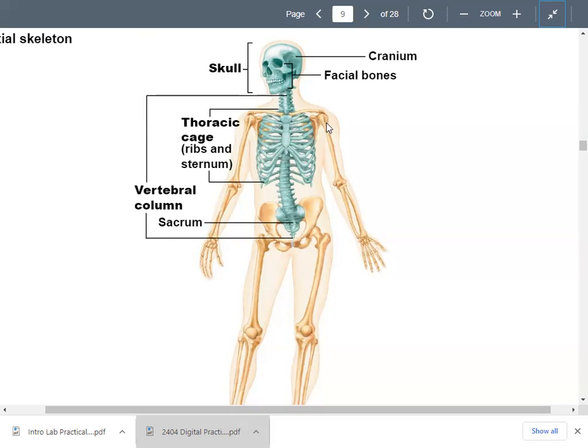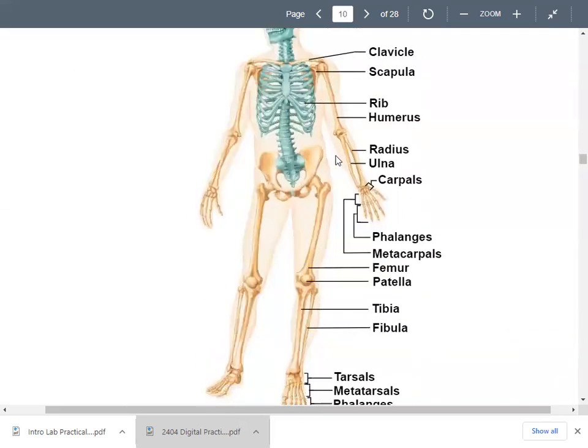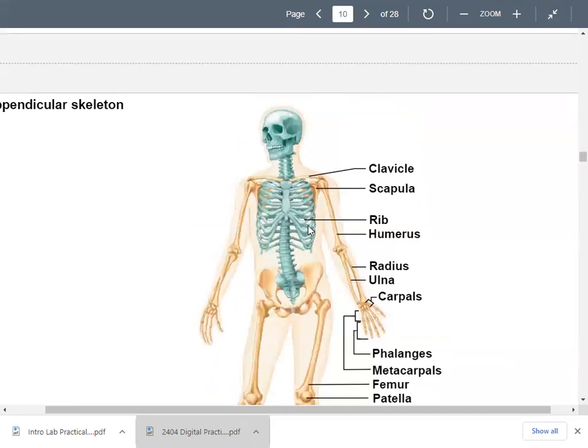They connect through 7, right? And then you have 11 and 12, which are floating ribs because they don't connect at all. Okay, good. All right. And here's your sacrum, right? But this is all in blue. This is all axial, right? Everything in yellow or off-white is appendicular, right?